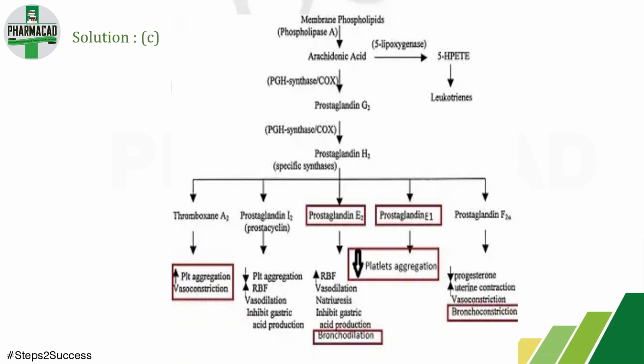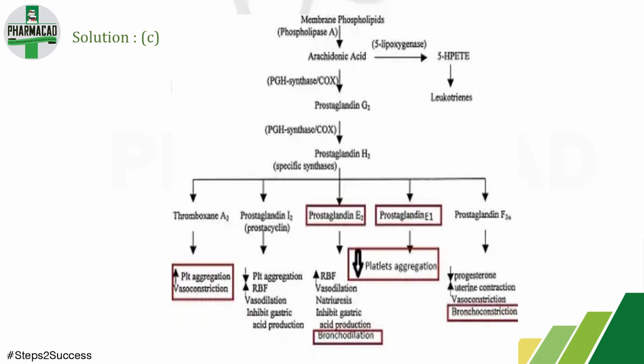This chart will help you to know the functions of different prostaglandins and thromboxanes. So the correct option here is C, that is the incorrect statement, that PGE2 has marked oxytocic action, but PGF2 alpha has tocolytic action.